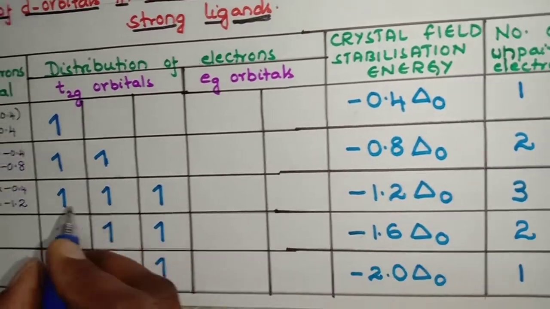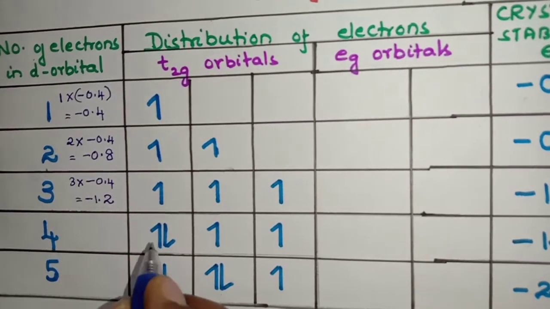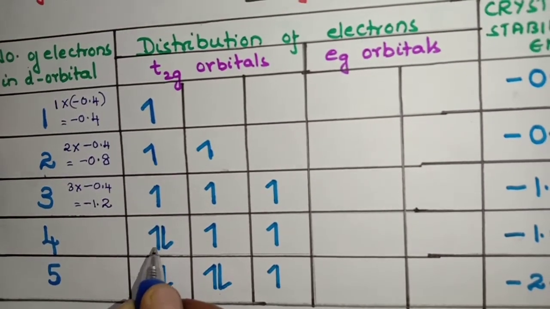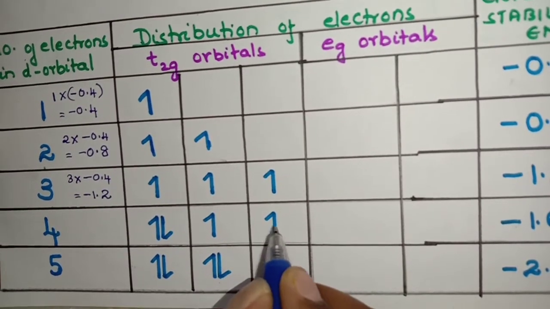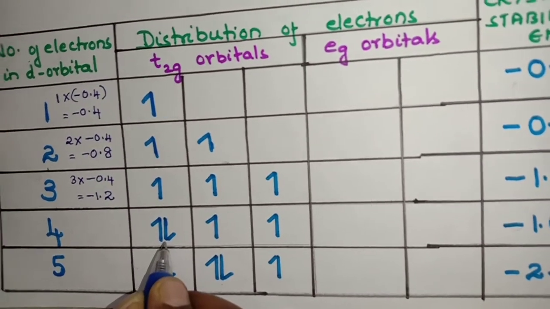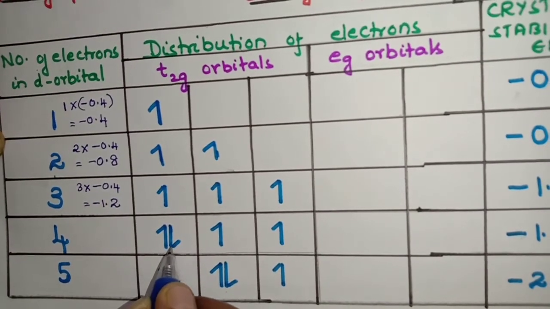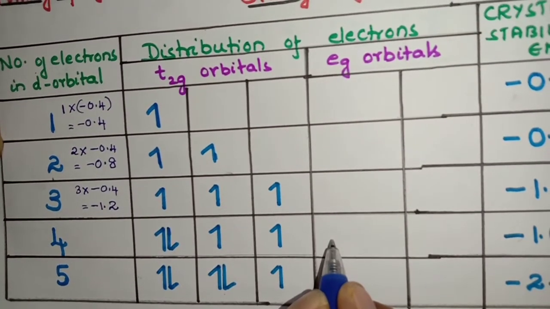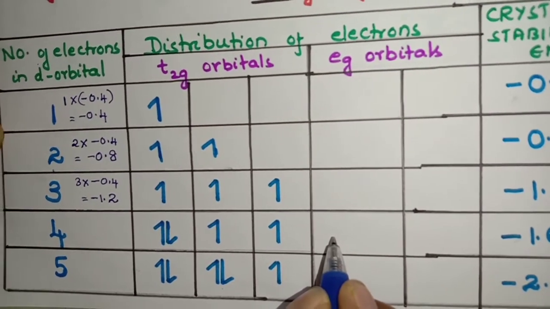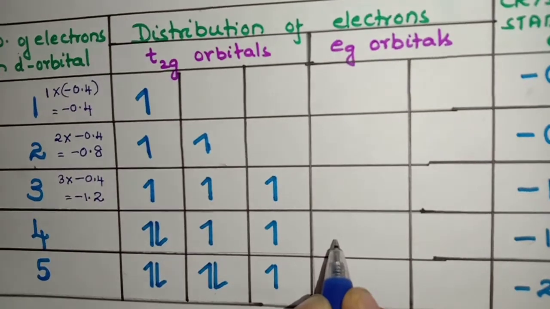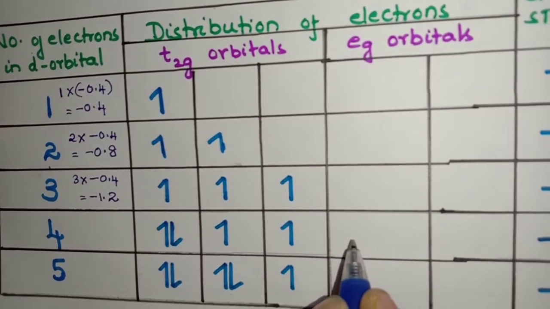Next, coming to number of electrons in d orbitals 4. First T2g orbital, second T2g orbital, third T2g orbital. Next it comes to the first T2g orbital. What is the reason? Why is this electron not going into the Eg orbital? Because we are doing filling up of d orbitals in presence of strong ligands. Strong ligands, you all know, force the electrons to pair up.